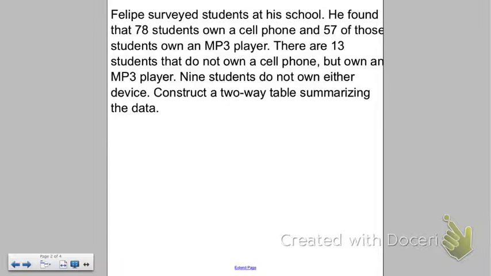So when we're constructing a two-way table, I need to have two pieces of information. My two pieces of information are if they own an MP3 player and if they own a phone.